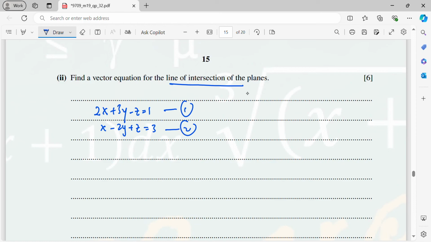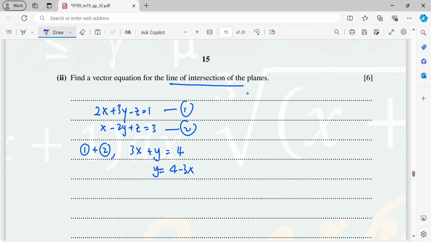When we solve this, obviously I can eliminate the z because one is minus z, one is plus z. So first plus second equation to eliminate the z. So I will get 3x, 3y plus minus 2y, that is plus y. Right side is 4. So from here, I know that my y equals 4 minus 3x.